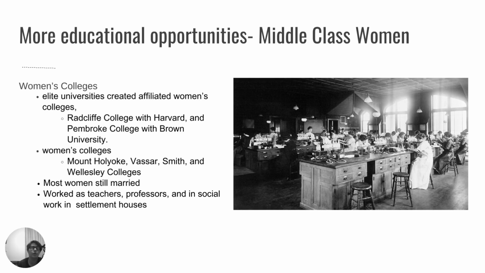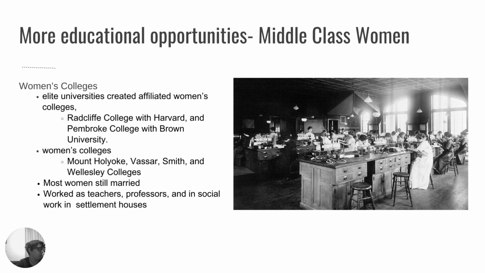There are more educational opportunities for middle-class women. Women's colleges are going to be created. Some of them are created out of these elite colleges, which would have women's colleges associated with them. There are independent women's colleges like Mount Holyoke, Vassar, and Smith.